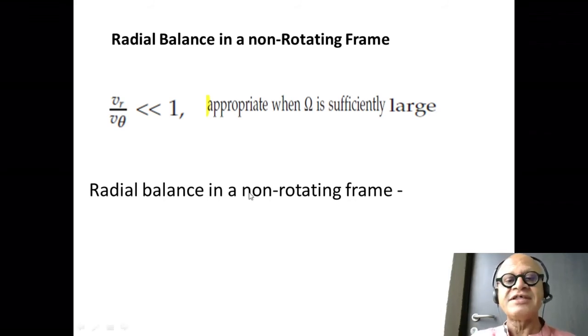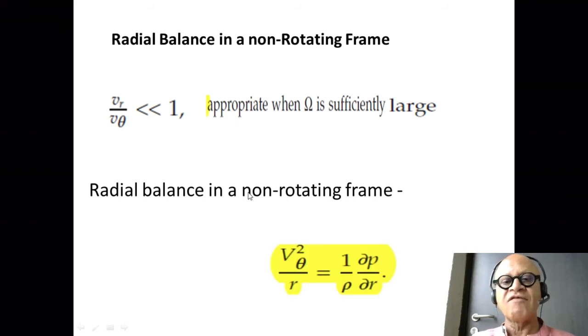Okay, so the radial balance in a non-rotating framework then basically becomes the centrifugal force flying you out, v theta squared over r, equals 1 over rho dp/dr. Okay, pressure is varying radially. It's trying to hold you in.